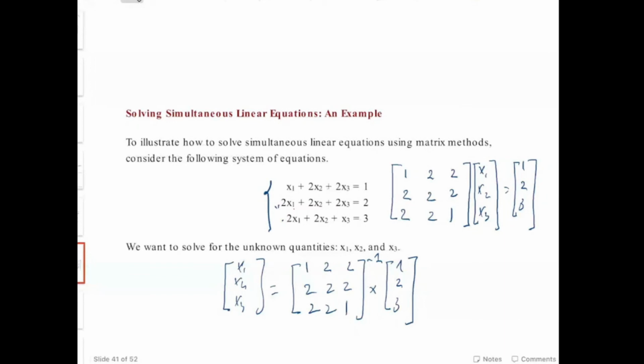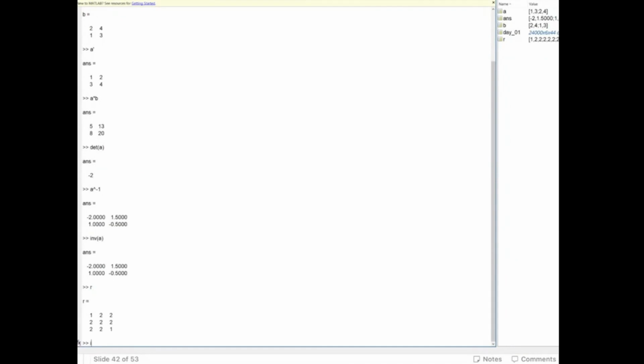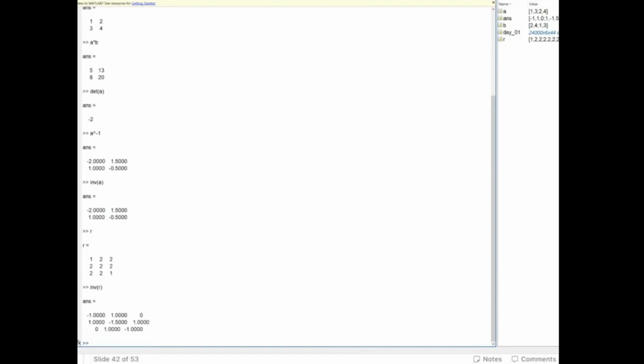And if you have MATLAB, this is very easy to do. In MATLAB, if I take the inverse of A, that will be minus 1, 1, 0, 1, minus 1.5, 1, and so on.